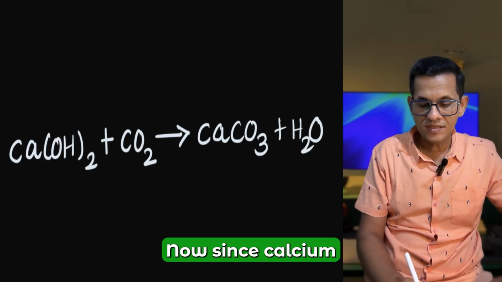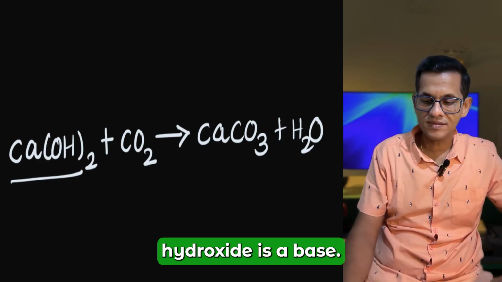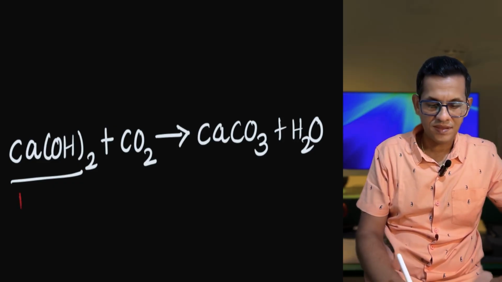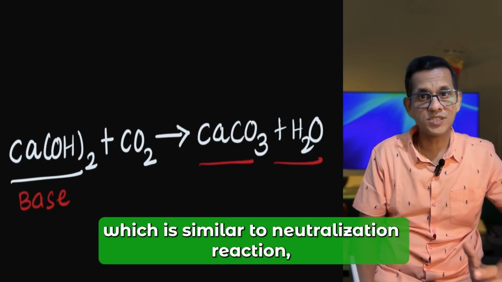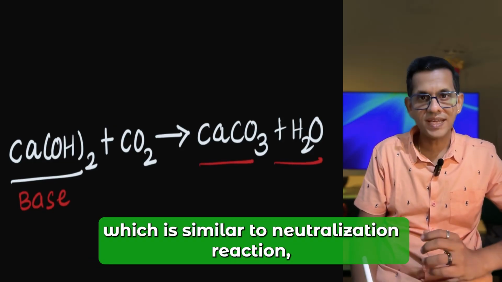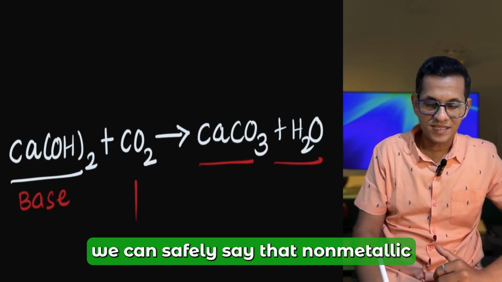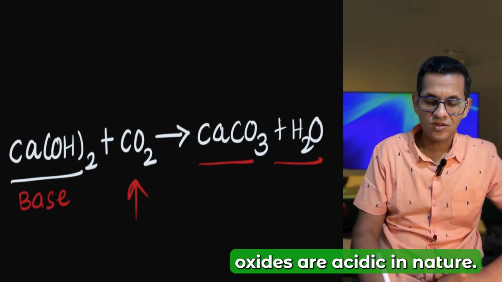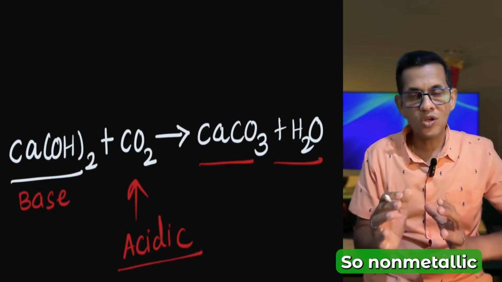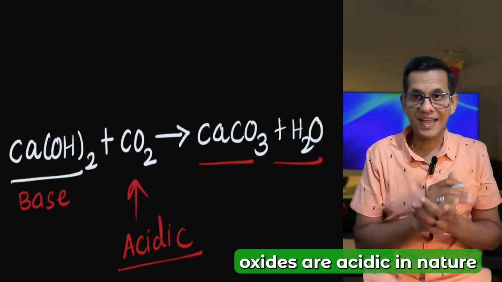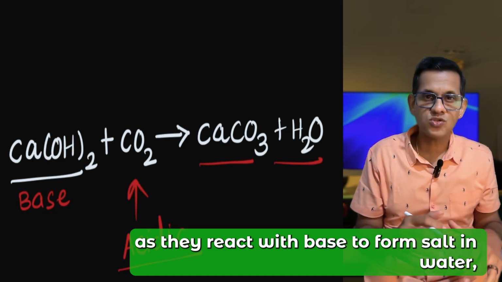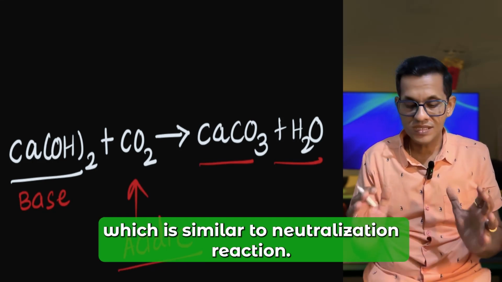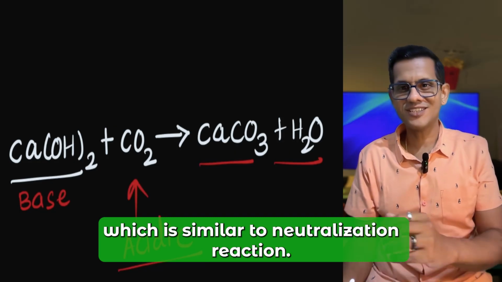Now, since calcium hydroxide is a base and we are getting salt and water, which is similar to neutralization reaction, we can safely say that non-metallic oxides are acidic in nature, as they react with base to form salt and water.